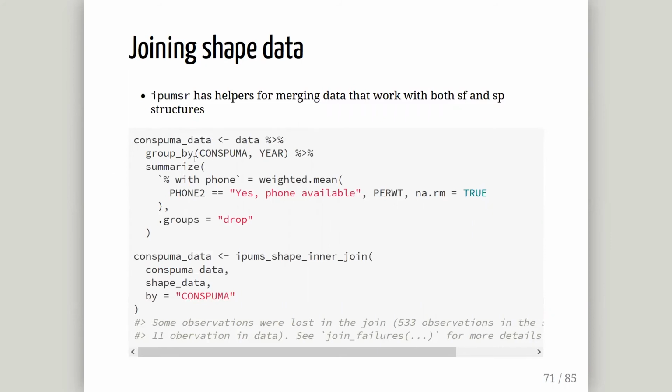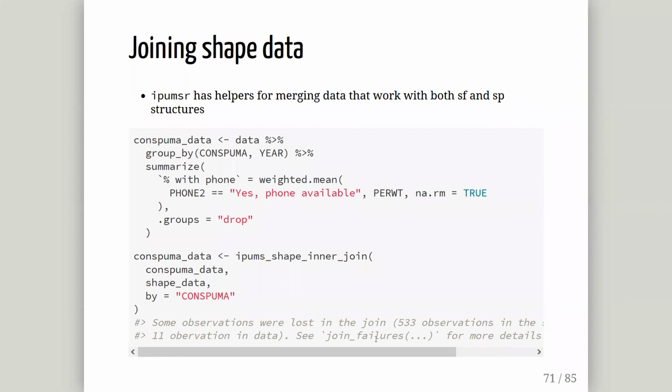But first, you do need to summarize the person-level data up to the level of the geography that you want to merge with. Here we're summarizing to the ConsPUMA and year level, creating that same variable, percentage of people with access to a phone by ConsPUMA and year. And then we join to the shape data.